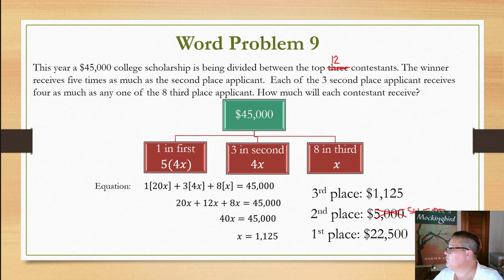So 4,500, which when I multiply by 5 still gives me the 22,500. Okay, that's good. Note to self, fix that problem. All right. Now, notice all of the amounts are slightly smaller, but not quite as diluted as if I would have divided 1,800 by 8 or 7,200 by 3.